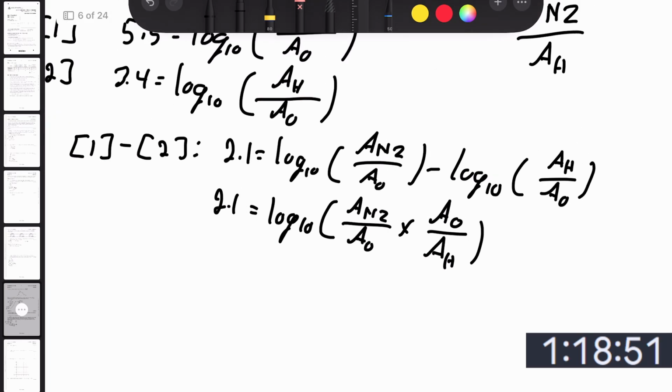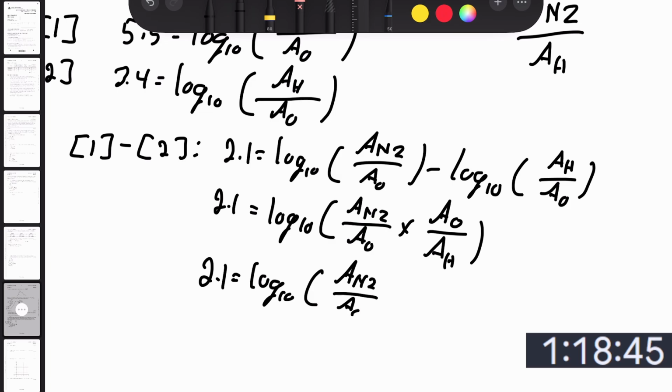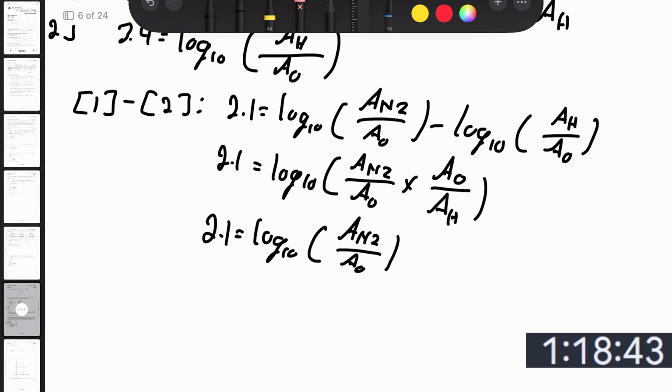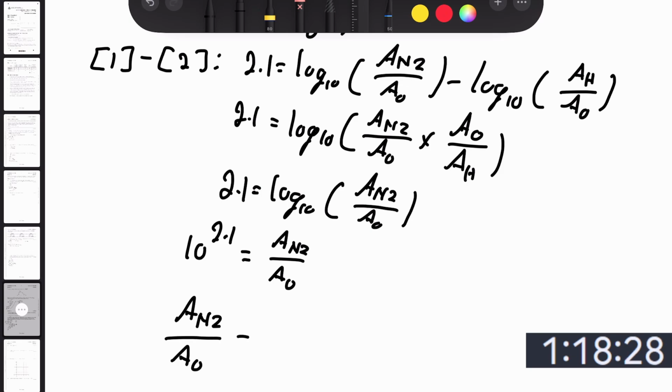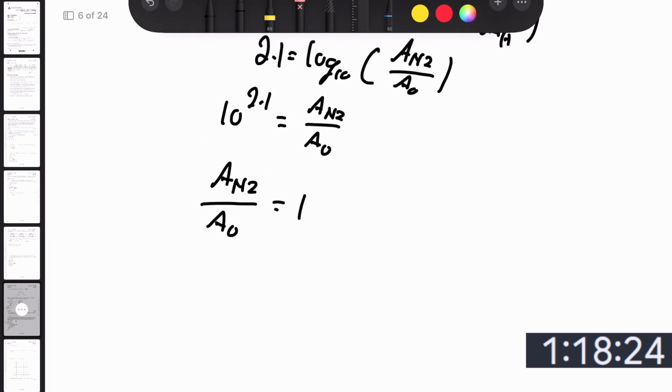So something like that. These A0s will cancel. So 2.1 is equal to log 10 ANZ over AH. And then I can just put everything to the exponent of a base of 10. So ANZ over AH, I'm going to put down a calculator. 10 to the power of 2.1: 125.89.